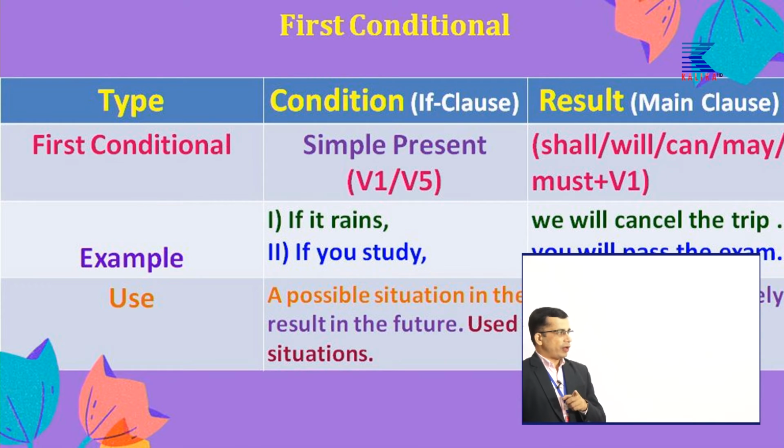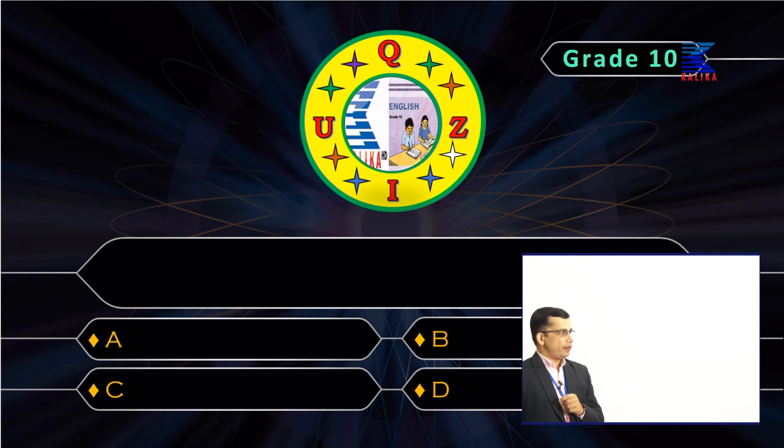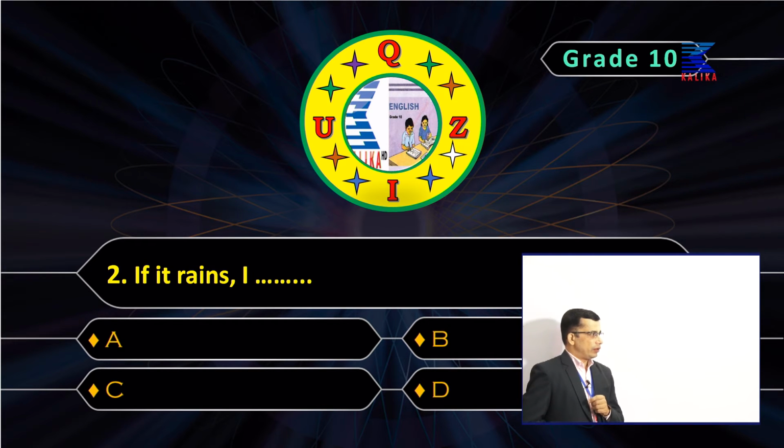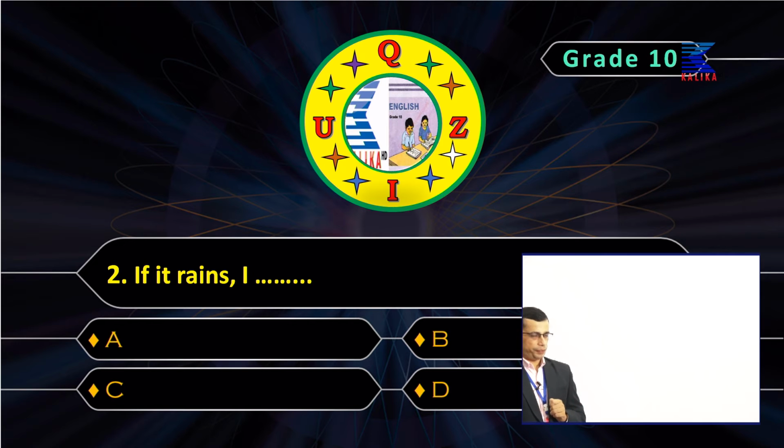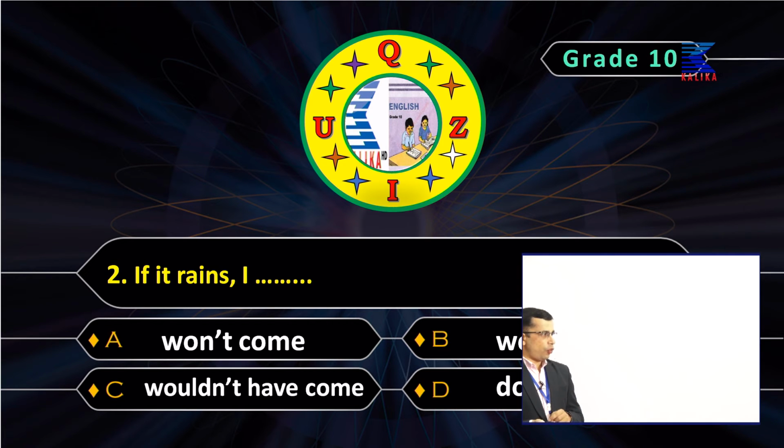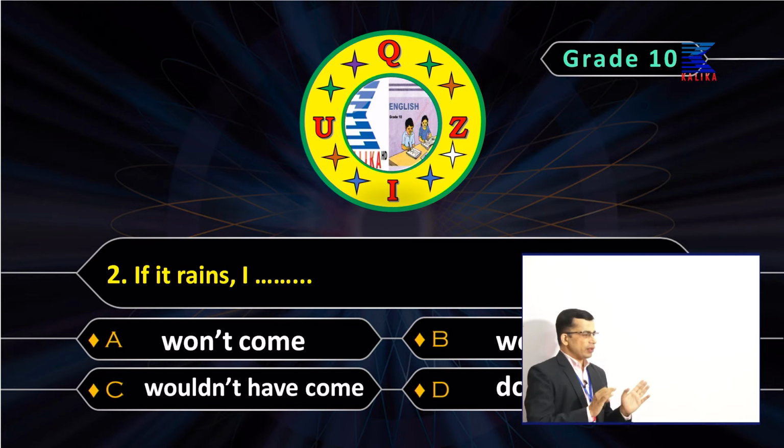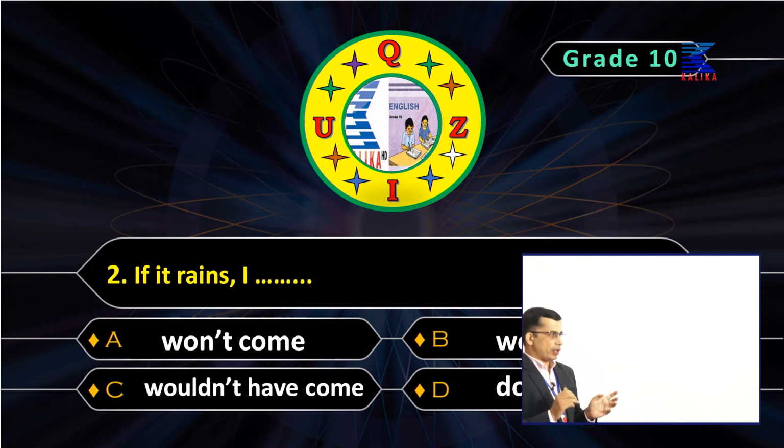Okay. So, let us give a try to one exercise. If it rains, I dot dot. The options are won't come, wouldn't have come, don't come. See, this is the general situation, first conditional type.